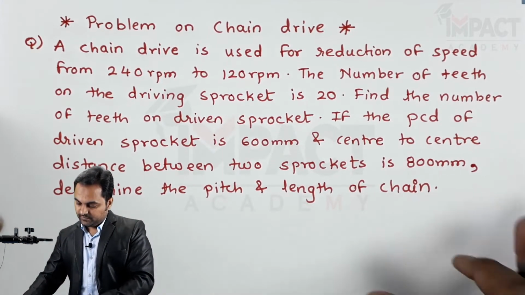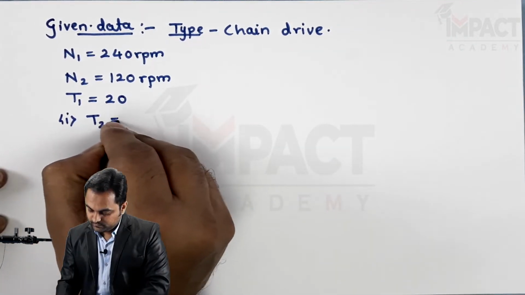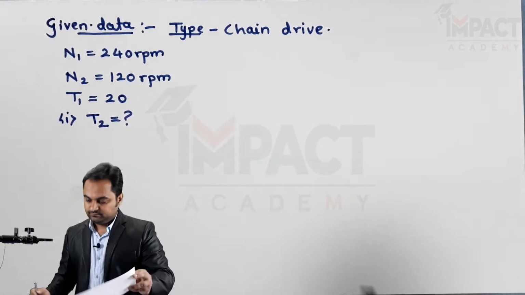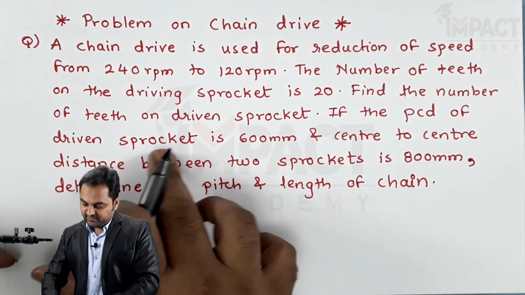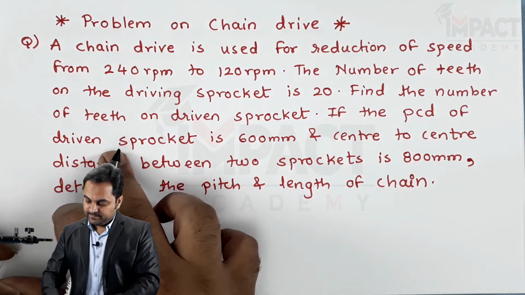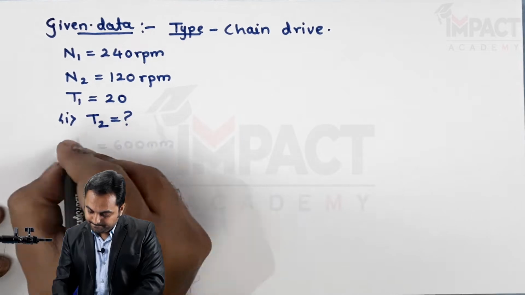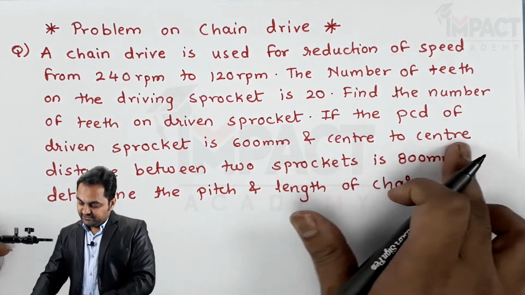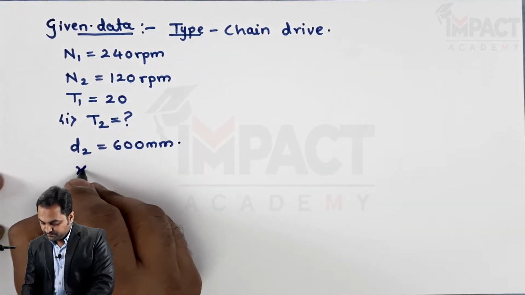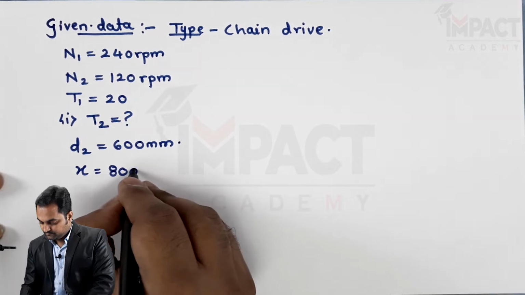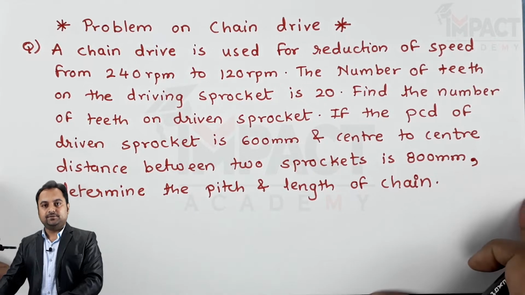Then the question is, find the number of teeth on the driven sprocket, that is denoted as T2. Then the PCD of the driven sprocket would be denoted by D2, that is 600 mm, and center to center distance between the sprockets is 800 mm, denoted by letter X. Now the question is to determine the pitch and the length of the chain.